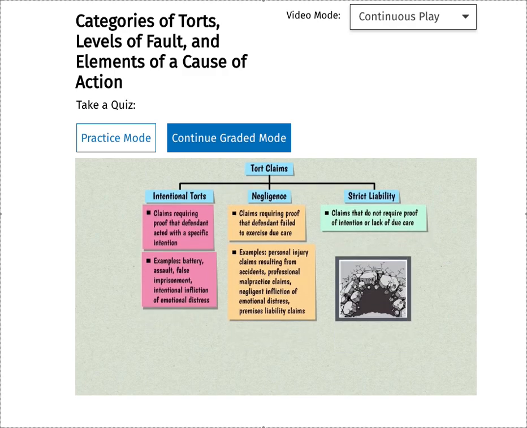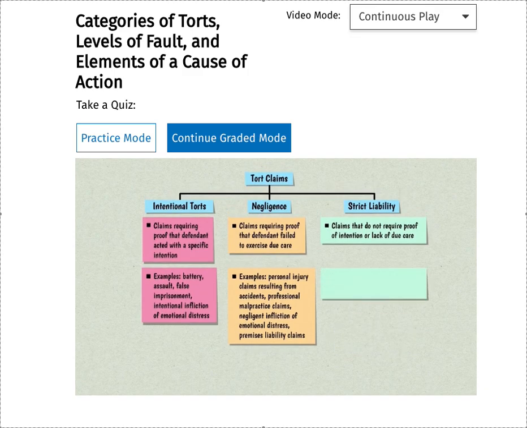Strict liability applies to situations where the defendant is engaging in abnormally dangerous or so-called ultra-hazardous activities, such as blasting operations or storage of hazardous substances. This category also includes liability for injuries caused by animals and products liability claims for the manufacture or sale of defective or unreasonably dangerous products.